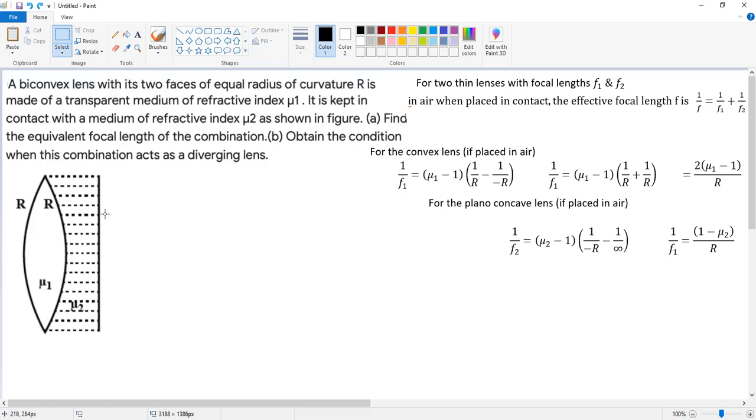The plane surface has radius of curvature infinity. So if you solve it, 1 by f2 will be equal to 1 minus mu2 by R. This minus sign you take inside, it becomes 1 minus mu2 by R. This is not f1, this is f2, 1 by f2.